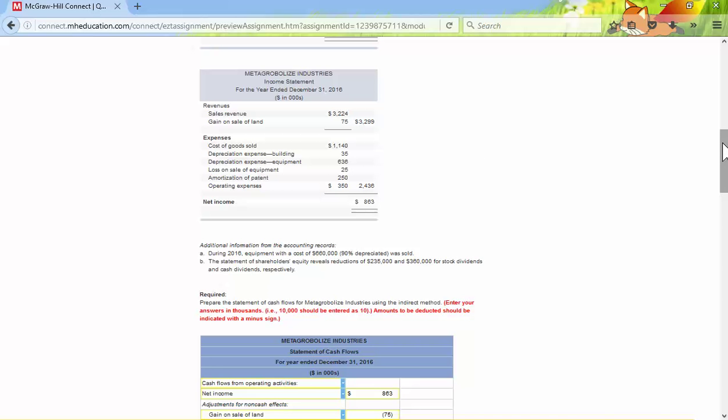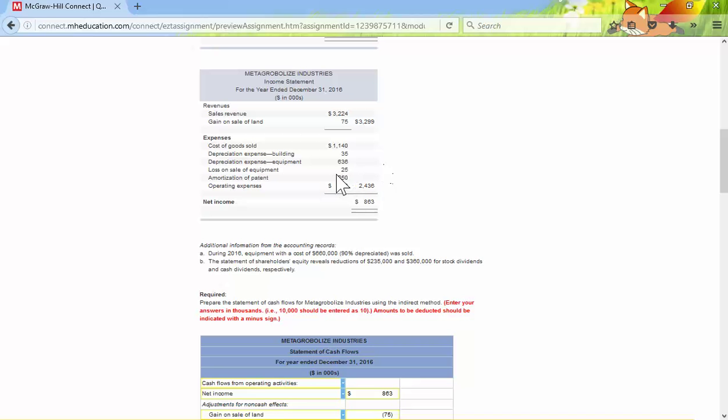Step 3 says we are going to look and see if there are gains or losses on the sale of long-term assets, investing assets, and they affected our net income. Gains were additions to revenues, and so thus our income increased, and losses were decreases to our net income.